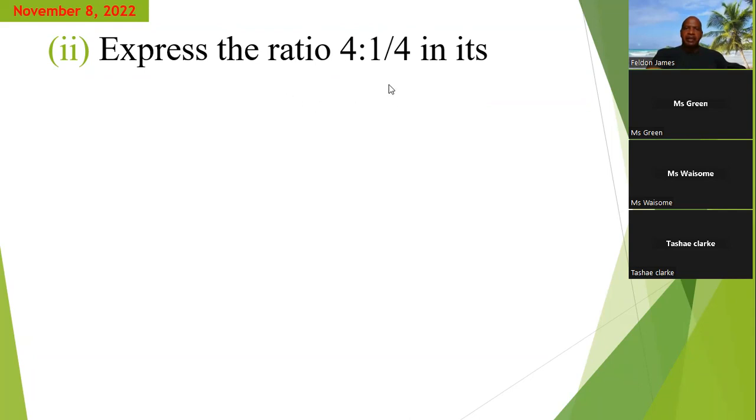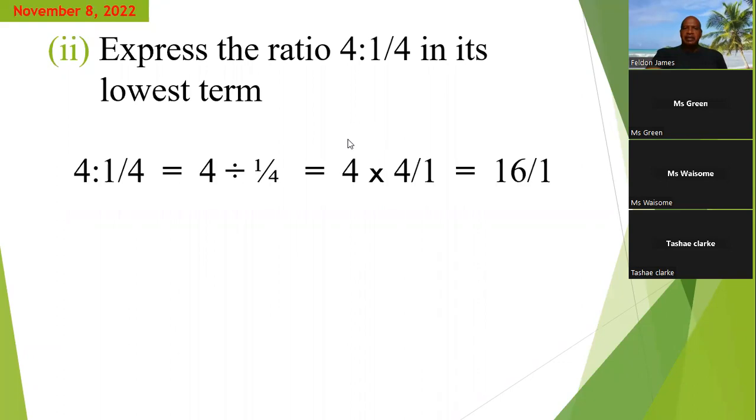Now, the fact that we have ratios written in this form, we can also write them in the form of fraction, where the left number of the ratio, the left value to the symbol here, can be written as the numerator, and the right value of the ratio can be written as the denominator. So we can actually convert a ratio in the same sense as a fraction.